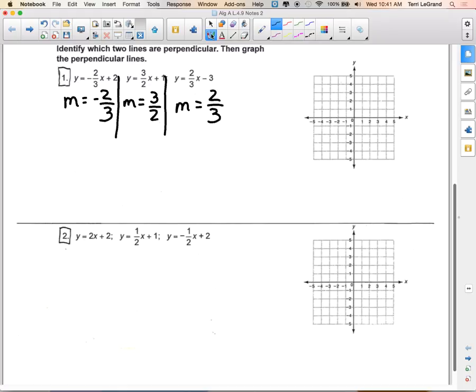Not only are they reciprocals of each other, the slopes, but they also are opposite signs. So the 3/2 can be combined with either of these 2/3, but it's a positive 3/2, so it has to go with which one? The negative 2/3. So we're going to circle those two and say these are opposite reciprocals.